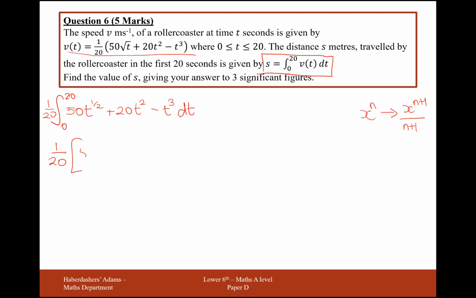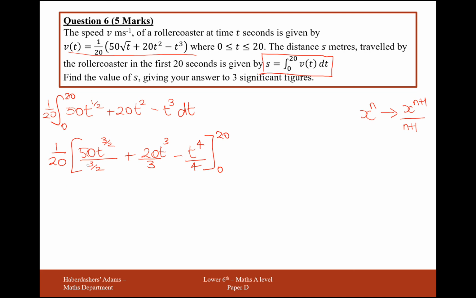So it's going to be 50 t to the power of 3 over 2 divided by 3 over 2, add 20 t cubed over 3, minus t to the power of 4 over 4, in between 20 and 0. We don't add c in this case because we're going to be doing a subtraction in a second, and no matter what value c is, it's going to be subtracted by itself.